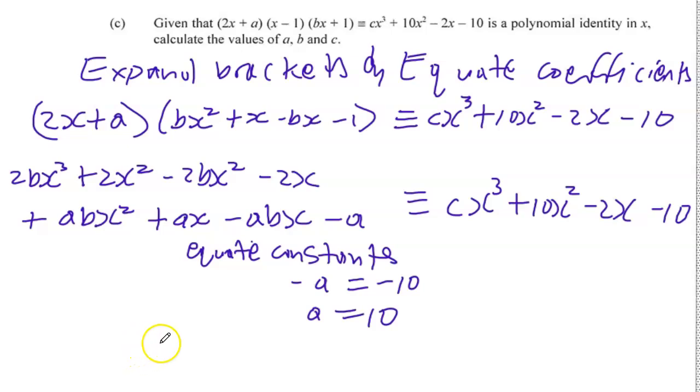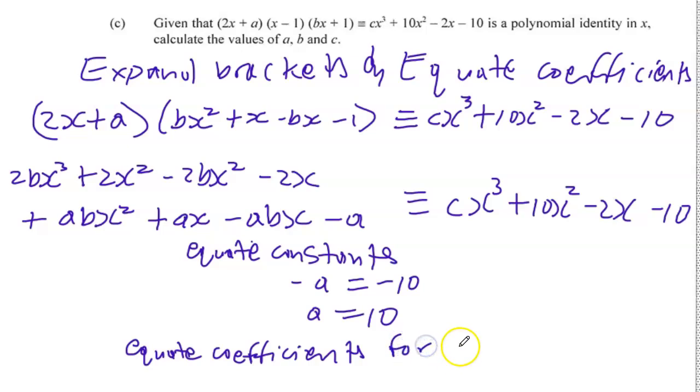Let's equate coefficients now for the terms in x. Notice the terms in x, there's minus 2 terms in x. So that's what I'm doing. So equate coefficients for terms in x.